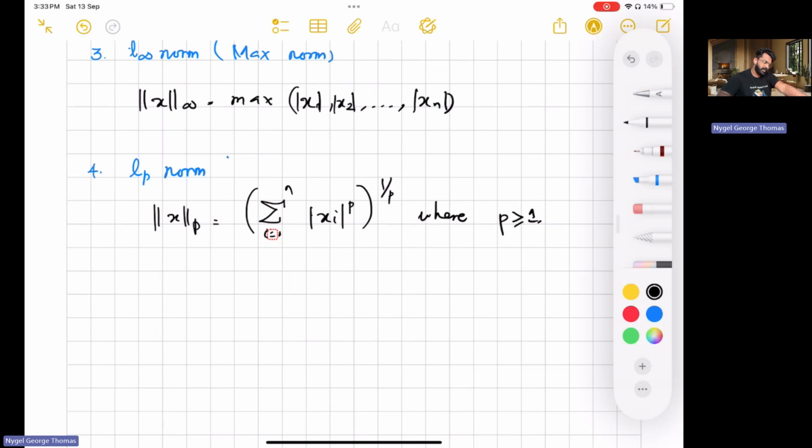One thing to notice here is when p is equal to 1, it will still be an L1 norm. When p is equal to 2, this is an L2 norm. And when p is equal to infinity, this will become an L infinity norm.